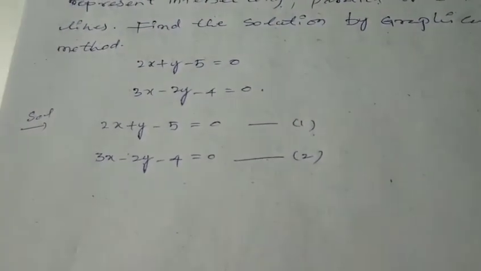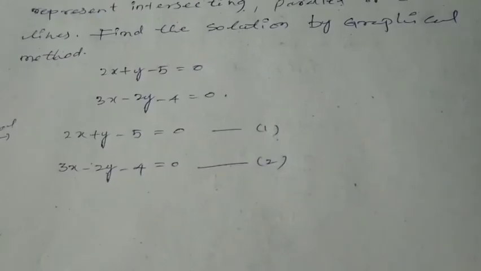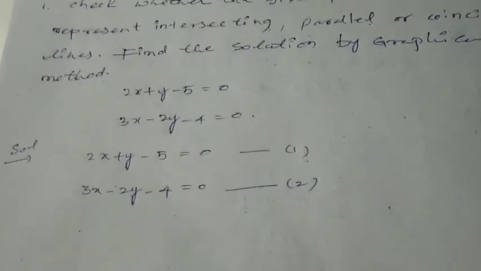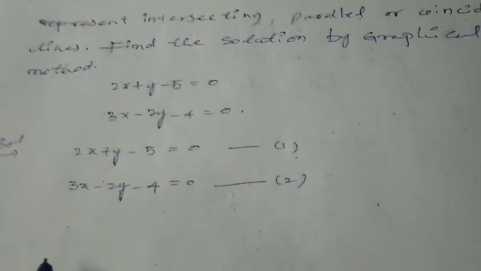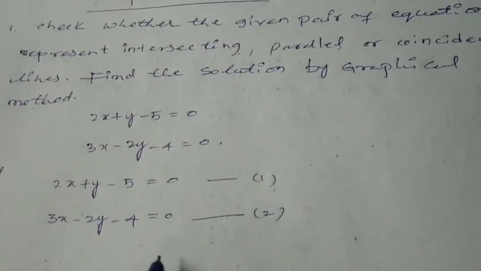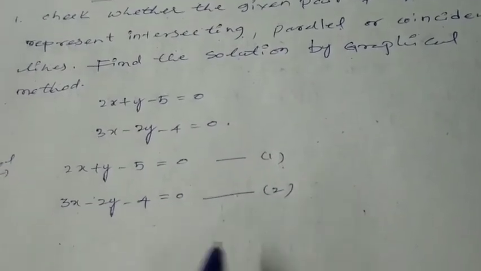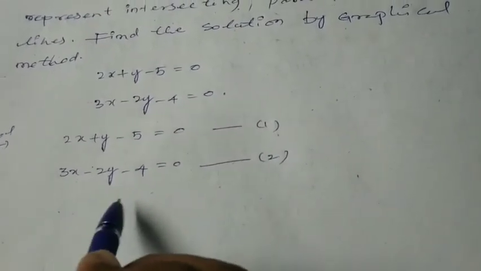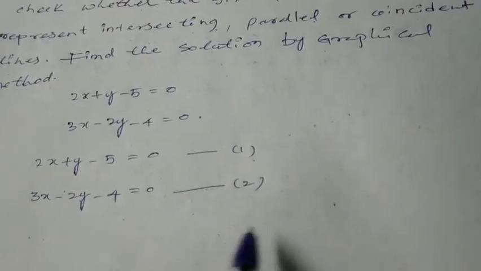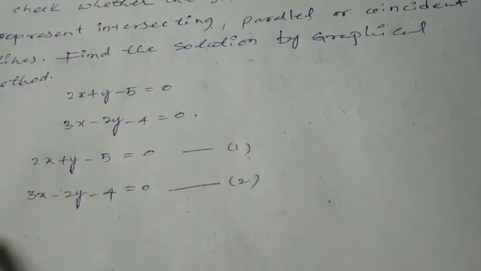Now we are going to compare the given pair of equations with the standard form of a pair of linear equations. What is the standard form? a1x plus b1y plus c1 equals 0 and a2x plus b2y plus c2 equals 0.